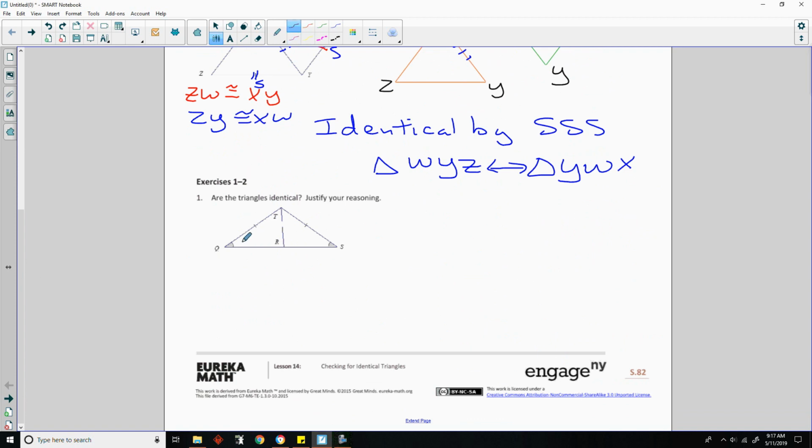Okay, so I'm going to take a look at this, and I see angle Q here has one arc. Angle S has one arc. So I'm going to say angle Q is congruent to angle S. Forgot my little angle symbol there.